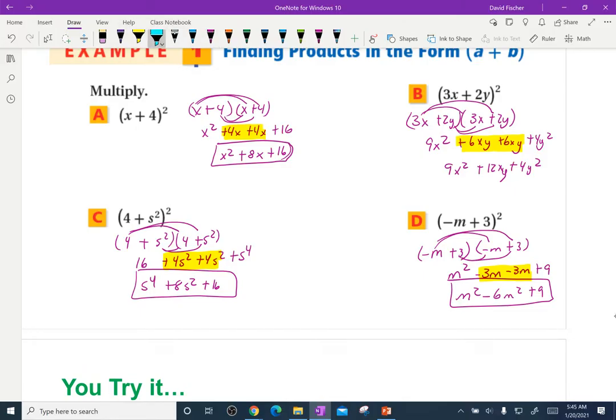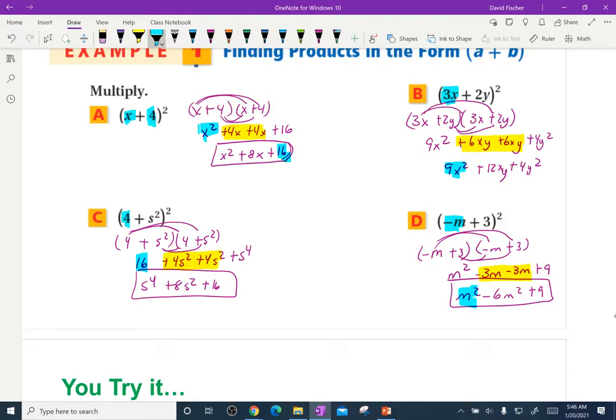Might say that I noticed that my first one's always an x squared, or it's whatever. Well, here it's kind of odd, but this guy here is squared. If I took 3x and I squared it, I'd get 9x squared. If I took a minus m and I squared it, it'd be minus m times a minus m, which would be an m squared. And then look at the last term here. Isn't it this number here squared?